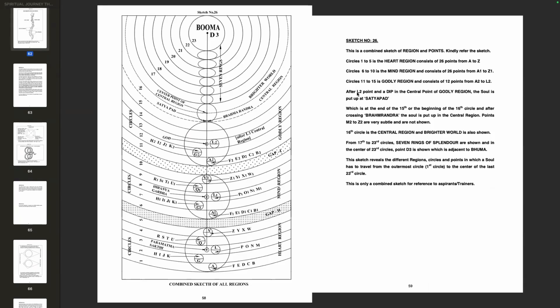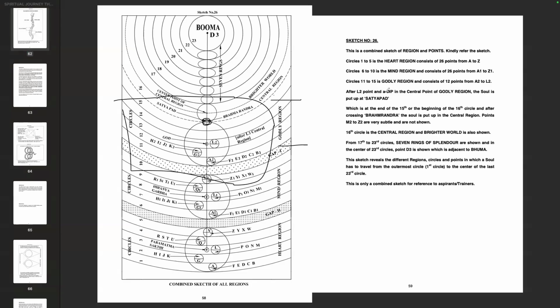So you see that after the L2 point, just focus on this area. This is the area we are looking at right now. This is the godly region. You see here, this is the godly region. And then we enter the central region. When we come there, we'll talk about it. You see, this is the Brahmarandra point. And this is also the Satyapad point. So they are next to each other, right?